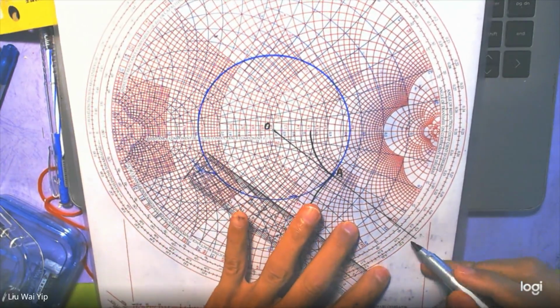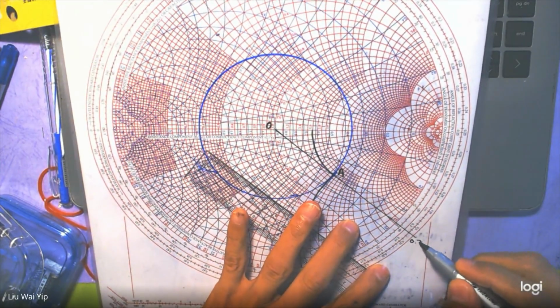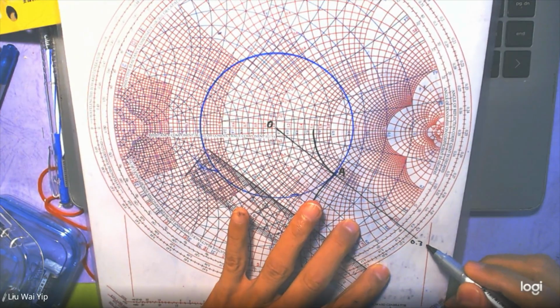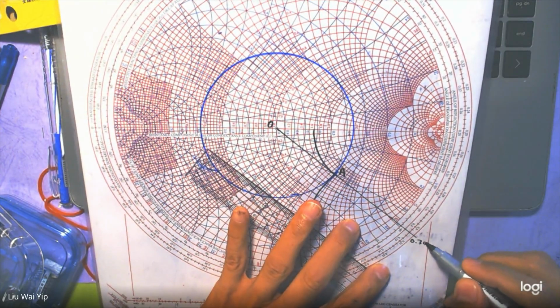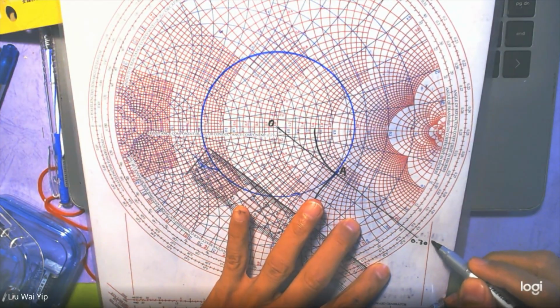From what I can see here, I got 0.3, 0.4 lambda.